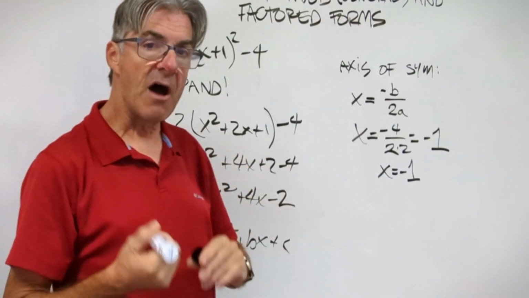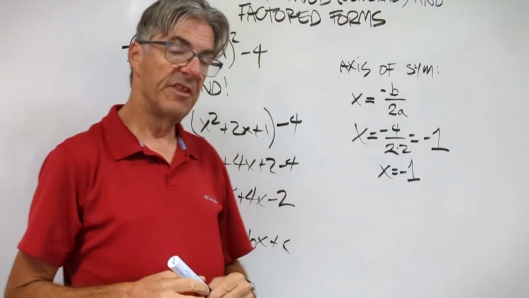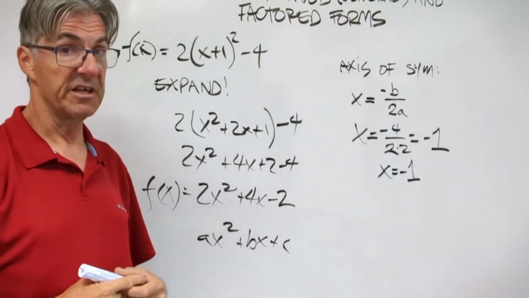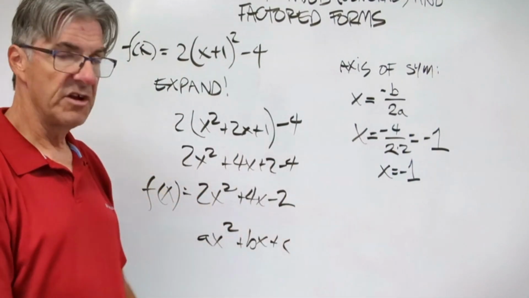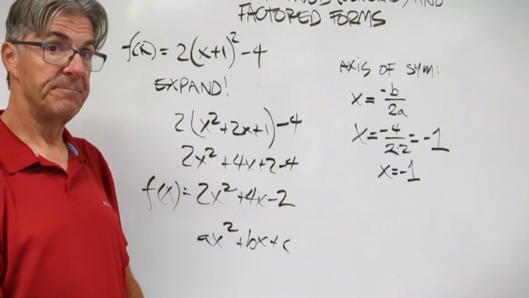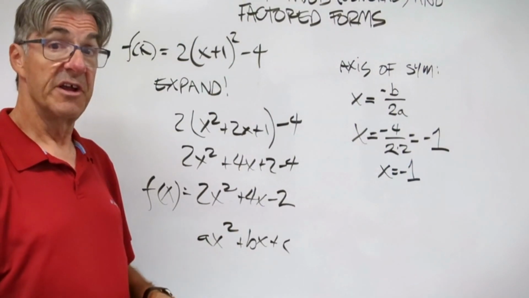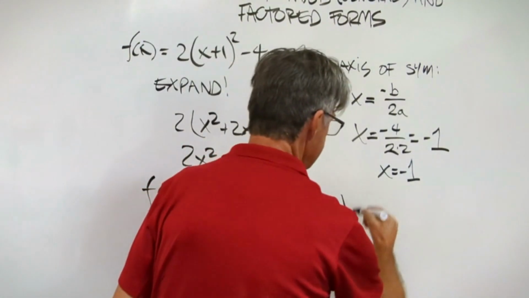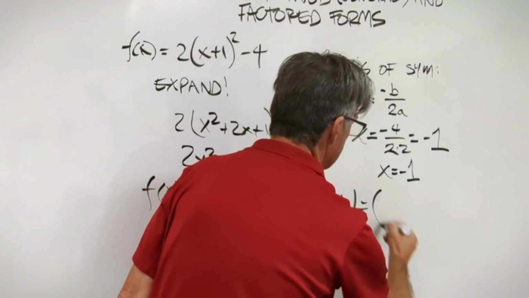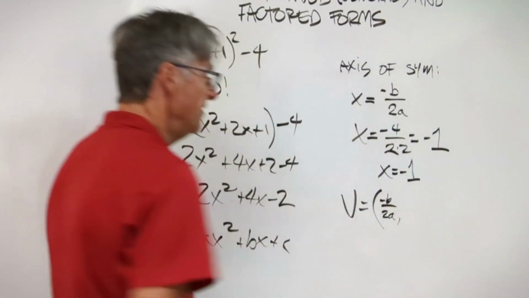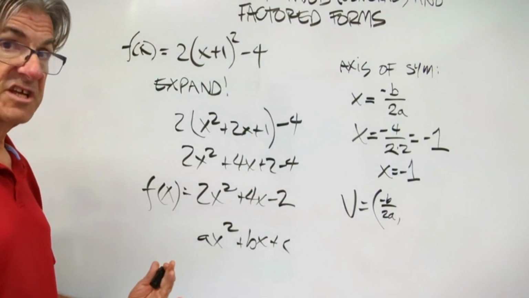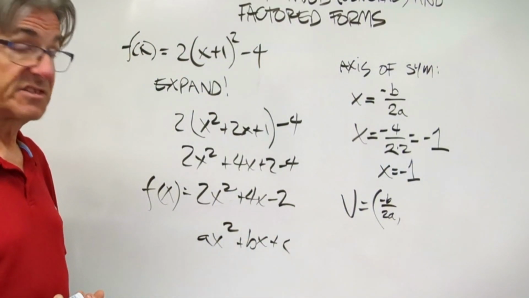Now, think about the vertex. Think about the y-coordinate of the vertex. How do you get that? You know, right here you have enough information to quickly get that. Okay, so here's the thing. The vertex is given by -b over 2a. Remember, the x-coordinate of the vertex is on the axis of symmetry.